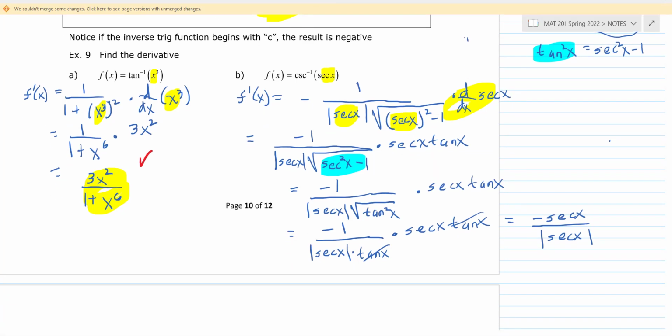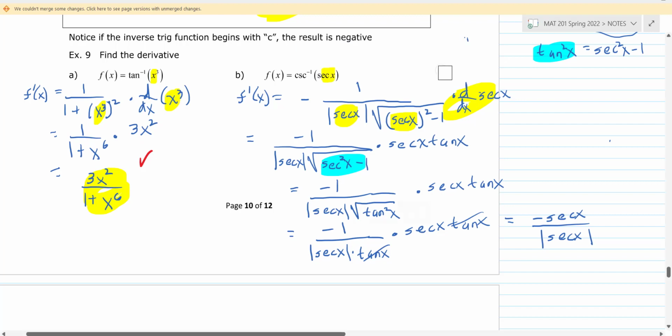Okay, so let me go ahead and show you how you'd finish this up. Basically, with this absolute value right here, you're either going to get a positive in the bottom there, so you could actually just do a cancellation.